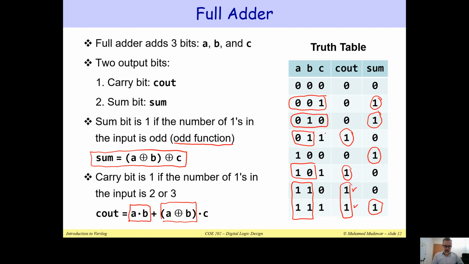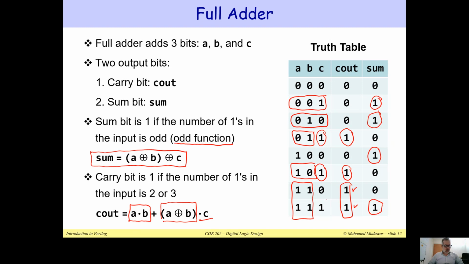But then you need a second one. So this must be C. So we write it and C. Okay. So this is my equation for C out. So we have A and B, or we have A XOR B between parentheses and C. That's how we get the equation for C out. So this will produce all the ones for C out.